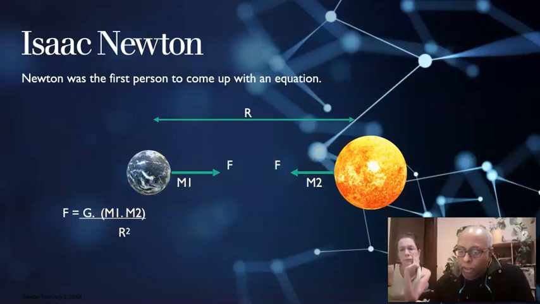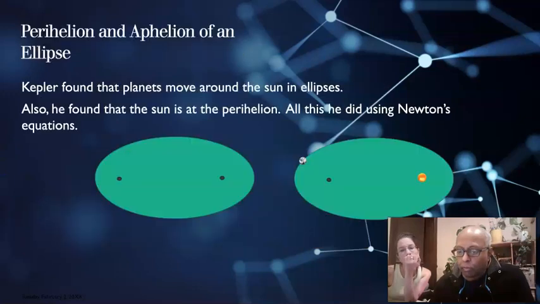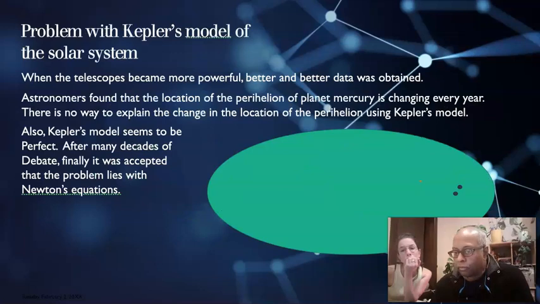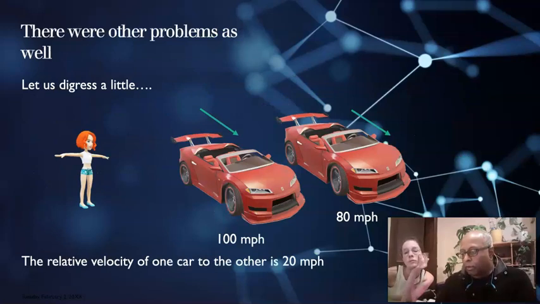So people started looking into this problem, and it was Einstein who solved it for the first time. How he solved it is the theory of general relativity. He came up with a new set of equations called Einstein's field equations, which we are going to learn later on. But before that, there was another problem that we have to talk about.